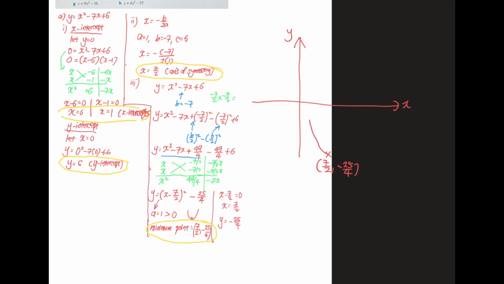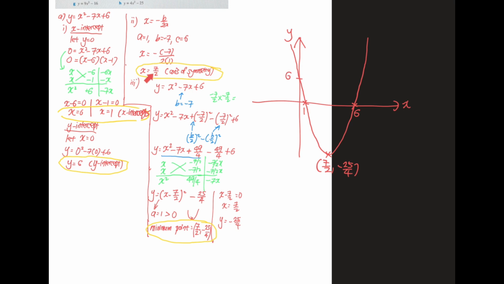Okay, so we have to make our graph like this, so that it cuts at positive values. And then here, okay, these two must be positive values to match with our result here, 1 and 6. The y-intercept you can see here, which is 6, so you have to put the 6 here, the y-intercept on the y-axis.